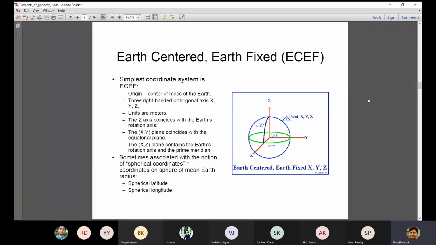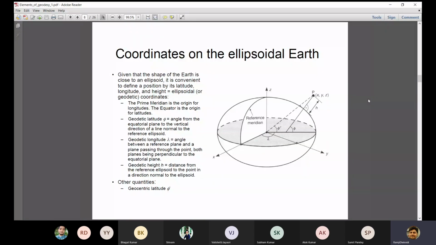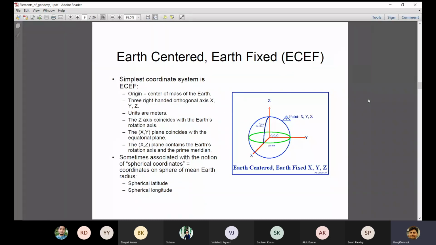In the previous one, it was latitude, longitude, height, which are also called ellipsoidal coordinates or geodetic coordinates. But here you are defining the coordinates as x, y, z. What is x, what is y, what is z has been discussed, so we are not going to discuss it again.